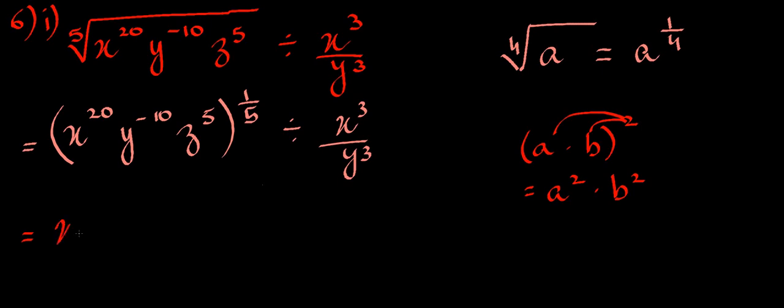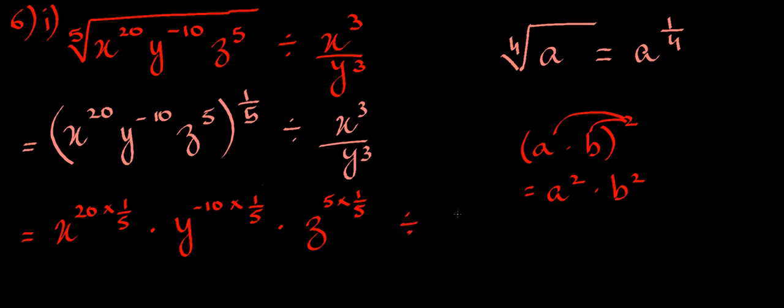So we will say x raised to 20 multiplied by 1 upon 5 into y raised to minus 10 into 1 upon 5 into z raised to 5 into 1 upon 5. The whole divided by x raised to 3 upon y raised to 3.